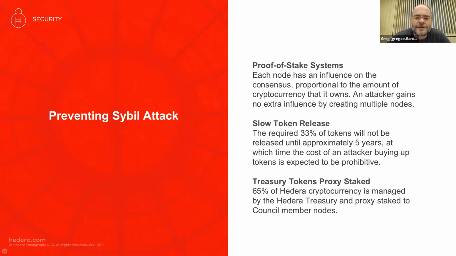So how do we prevent Sybil attack? There are two common attacks in distributed public ledgers, Sybil and DDoS. A Sybil attack is performed when a malicious actor creates thousands of nodes in the hope of gaining influence over the network.